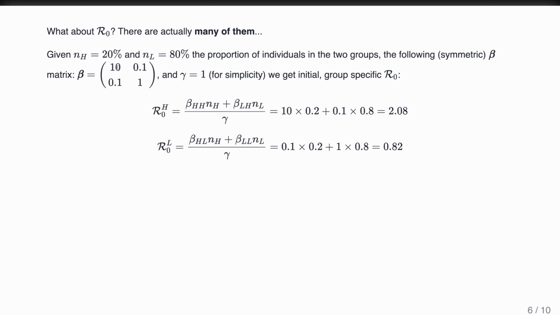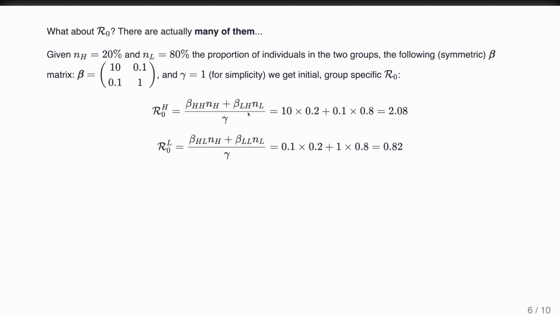We see that people in the high-risk group infect each other with high efficacy. People in the low-risk group also infect each other, but with a lower efficacy. And there is also some spillover transmission across groups: this is the high-risk group towards the low-risk group, and this is the low-risk group towards the high-risk group. In this case, we keep gamma equal to 1 for simplicity.